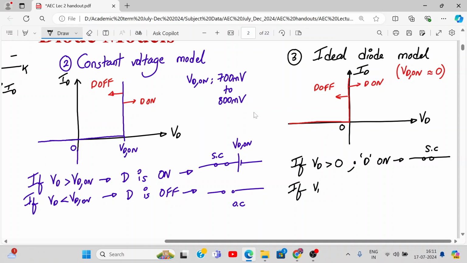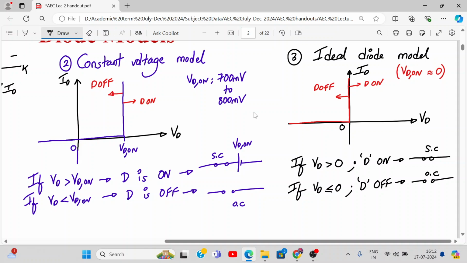And if Vd was less than or equal to 0, diode D is off and it is replaced with an open circuit. Alright, we can say less than or equal to 0. It should be greater than 0 for it to be on. Agree? Everyone?